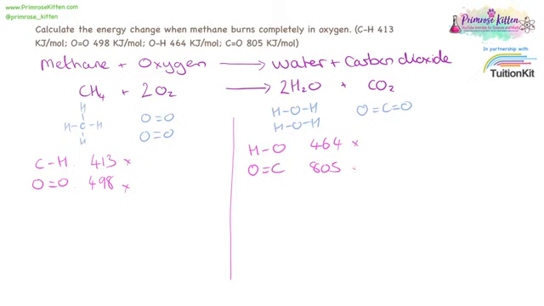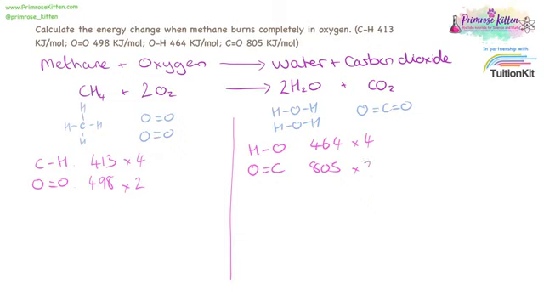Then we need to go through and count how many we have. So carbon-hydrogen bonds, 1, 2, 3, 4. Oxygen-oxygen double bonds, 1, 2. Hydrogen-oxygen bonds, 1, 2, 3, 4. And then oxygen-carbon double bonds, 1, 2.